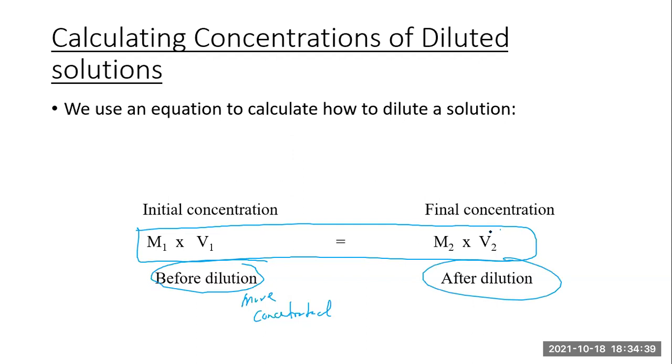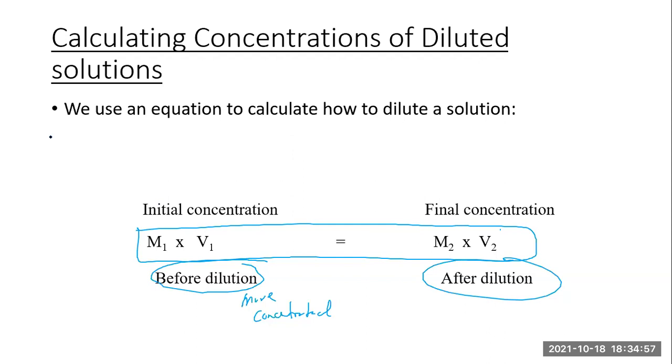So when we use this equation, molarity on both sides works. The volume here actually could be in liters, or it's okay to do it in milliliters if you want.